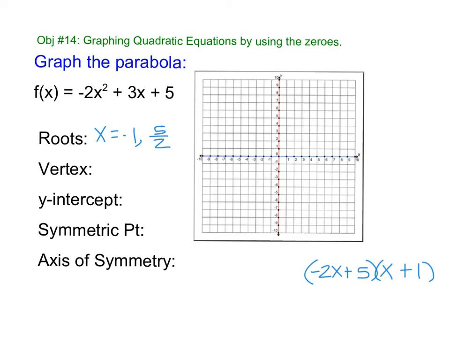Vertex is -3 over 2 times -2. So that's 3 over 4. Plug in 3 over 4. I got 6.125. Y-intercept, 0, 5. Let's start with all that.